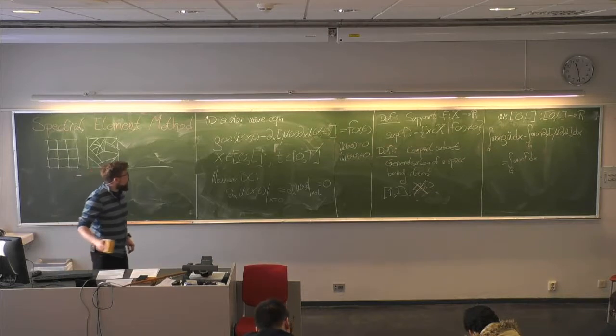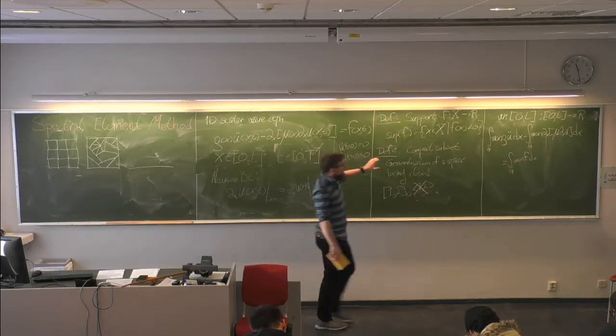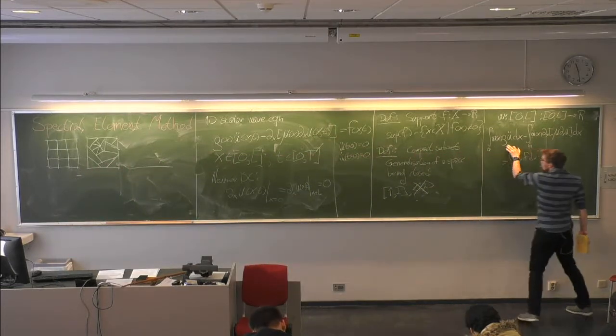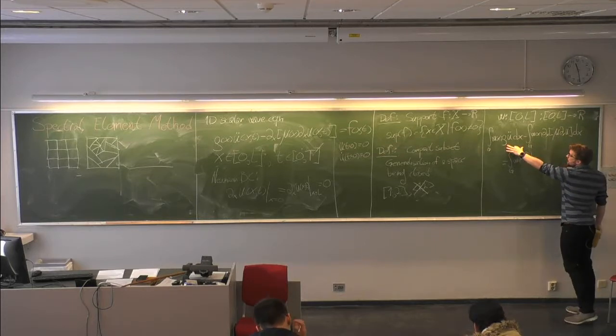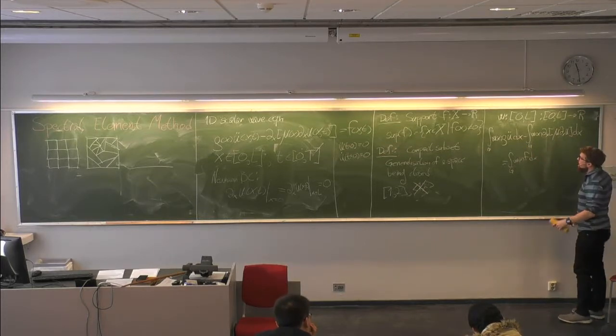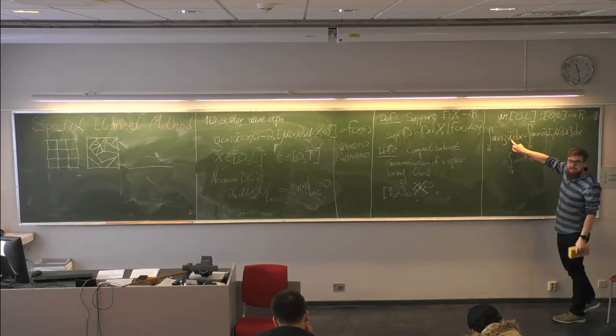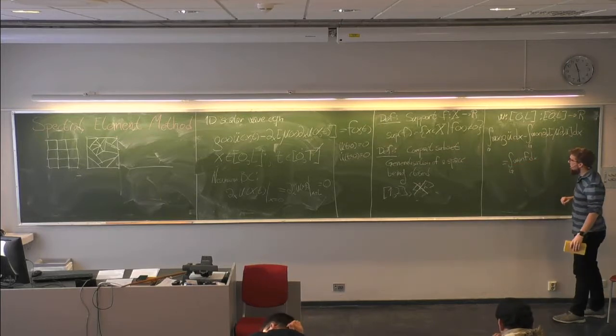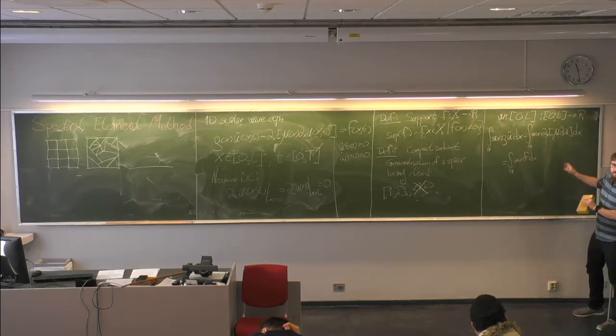And also, I've dropped all of the dependencies here. So rho, of course, is a function of space, so x. Same with this, it is a function of space and time, the same as over there. This is my weak formulation.